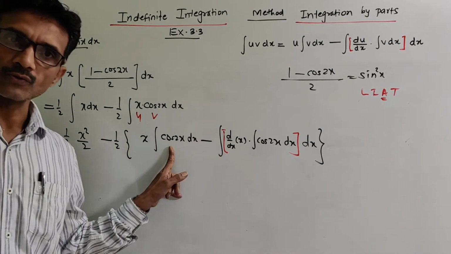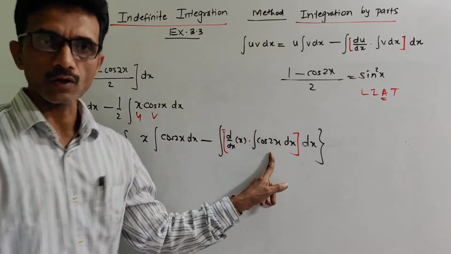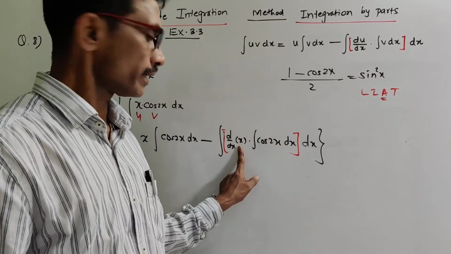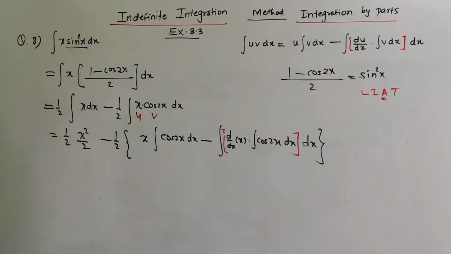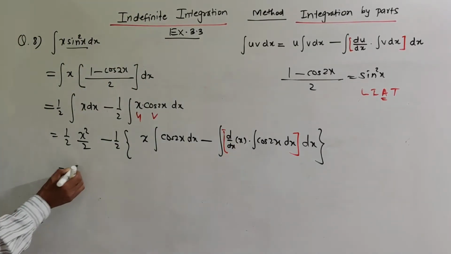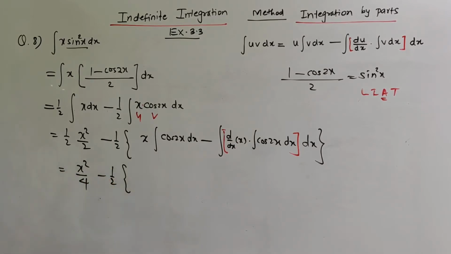Now integral cos 2x is sin 2x upon 2, here also integral cos 2x is sin 2x upon 2, and this dx integral derivative is what? 1. x derivative is 1, so it is x square by 4 minus 1 by 2 x.